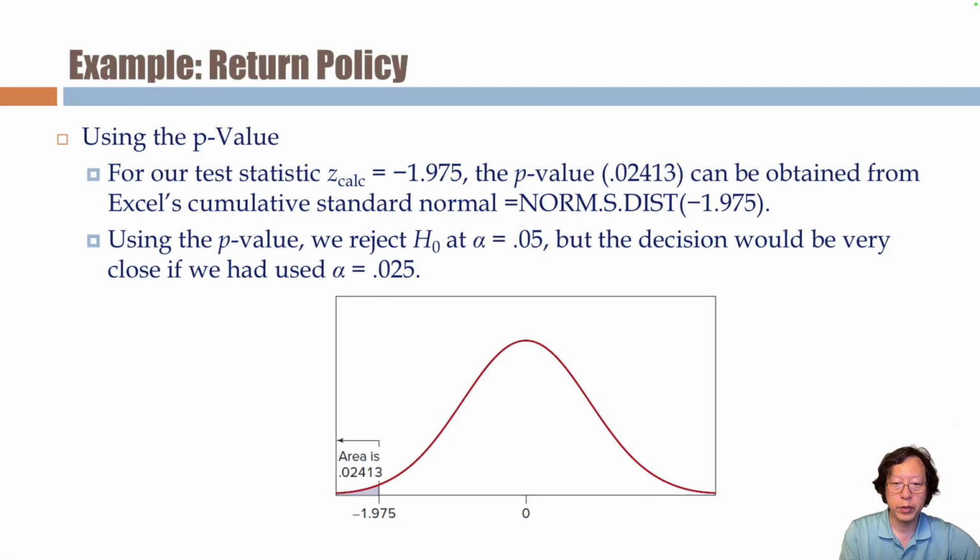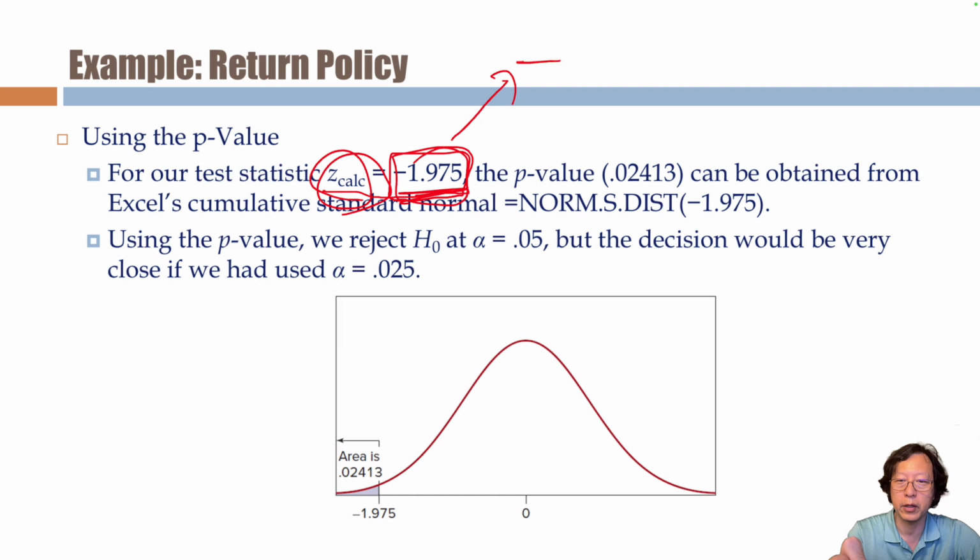So you can use a p-value. In the p-value approach, we are not looking for the critical value, but the p-value from the z-value. This z-value is minus 1.975, so let's use minus 1.98.